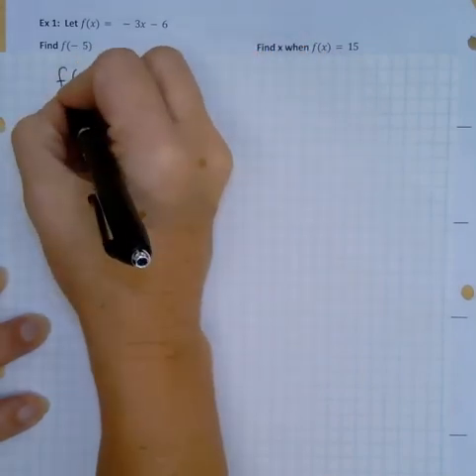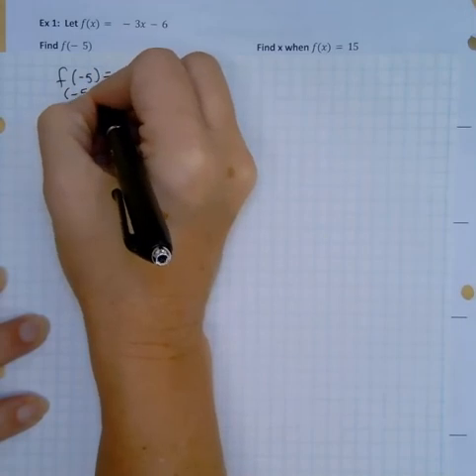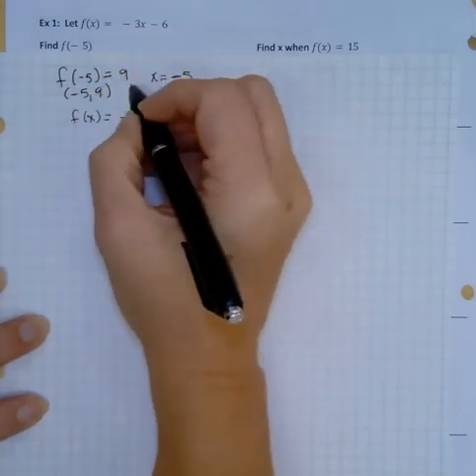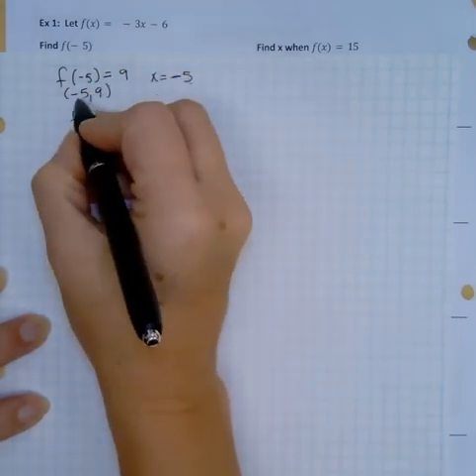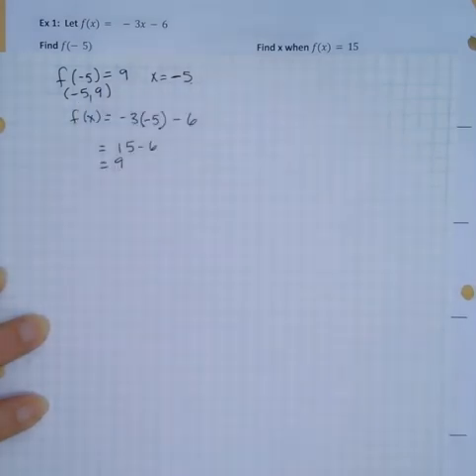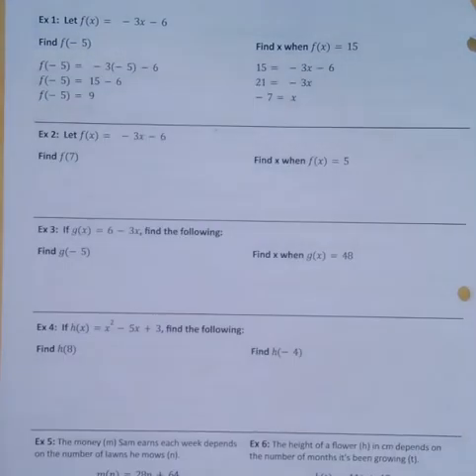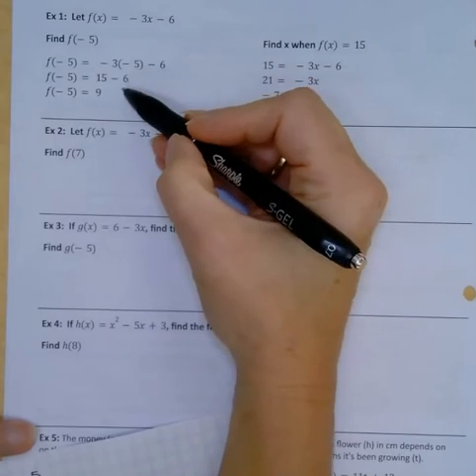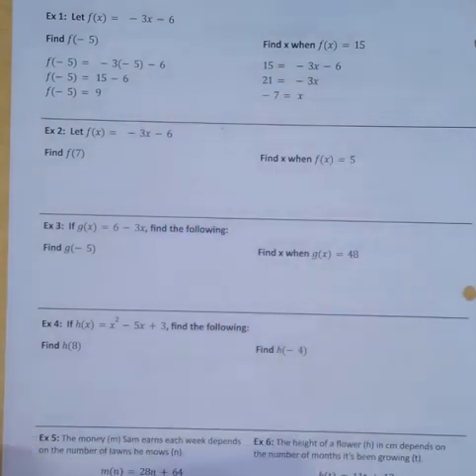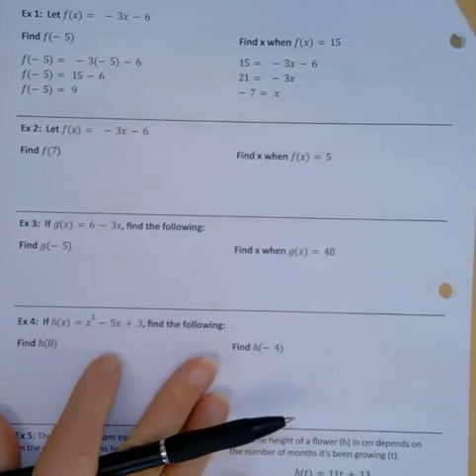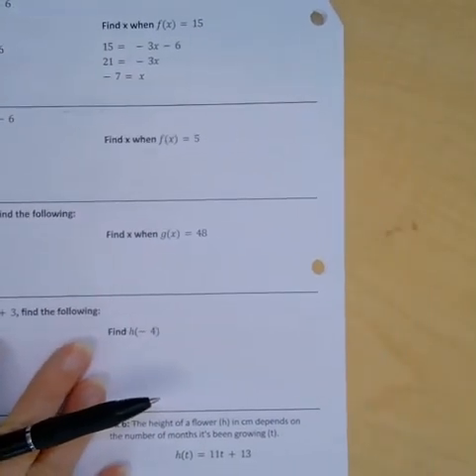Okay, an ordered pair for this would be negative 5, comma 9. Negative 5, 9 tells me that I'm putting in negative 5 and I'm getting out 9. All right, so if you follow along, you'll see what I just did is exactly what we have on our page.